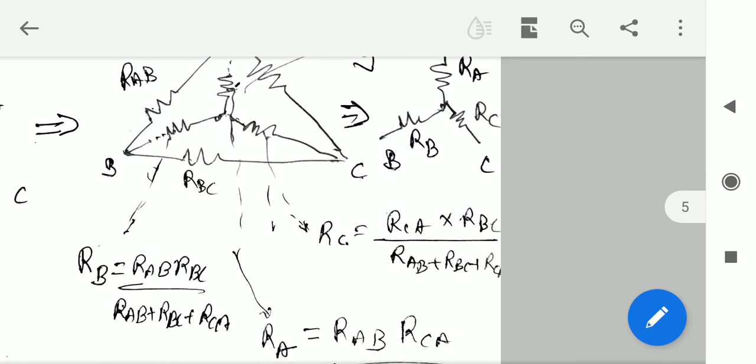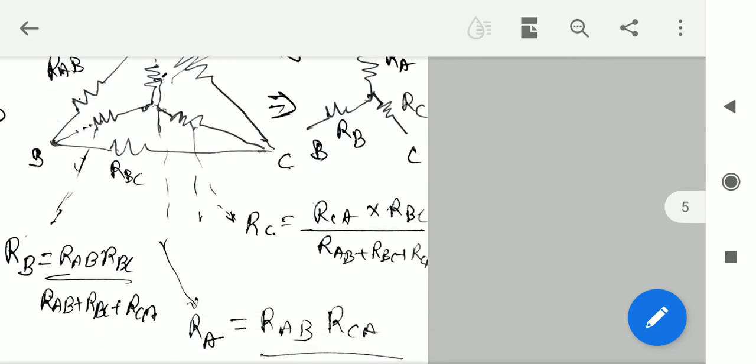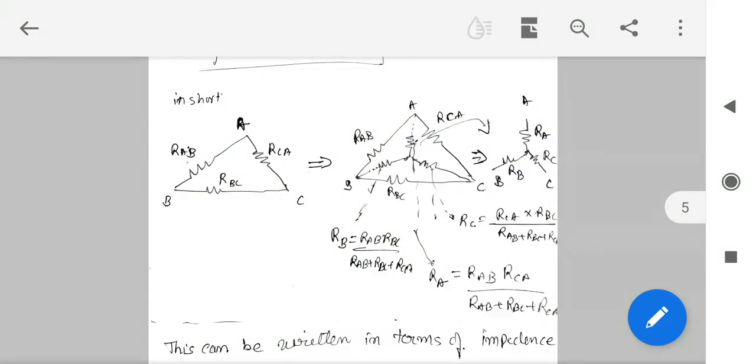So RB is equal to RAB into RBC divided by the sum of the resistances. For C, the resistance connected in the star network is RC, and in the delta network it is RBC and RCA. So RC is RCA into RBC divided by the sum of the resistances.